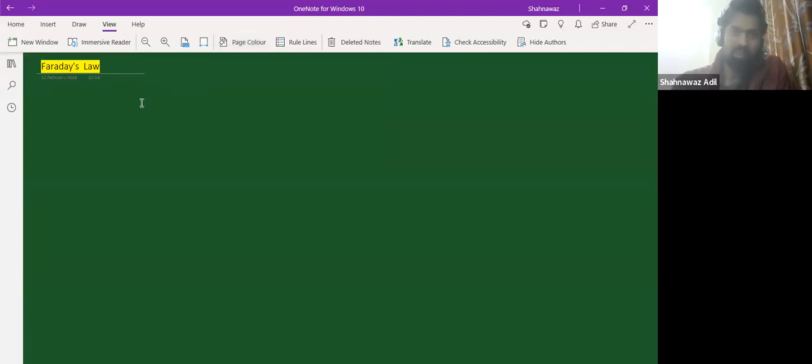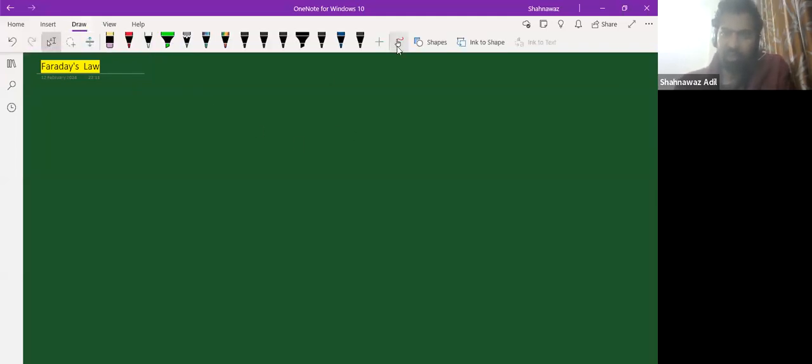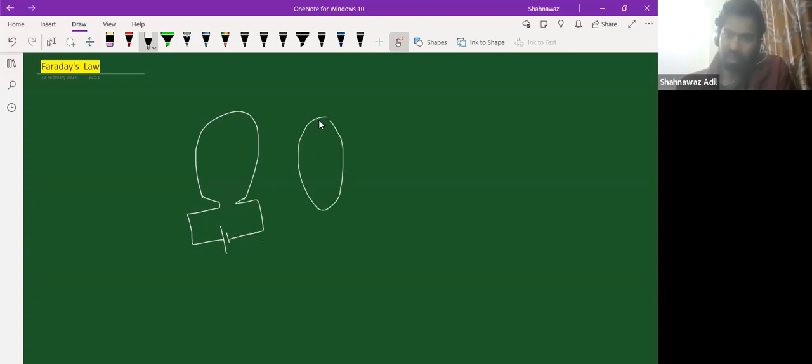So what is Faraday? Faraday experimented, and what did he do? He made a coil. Let's say this is one coil, and this was connected with some battery, and then this was another one.